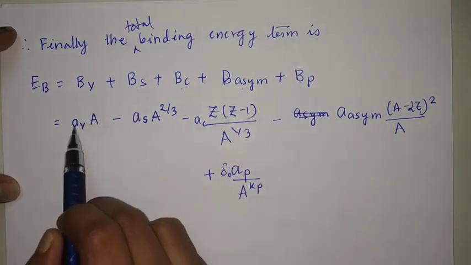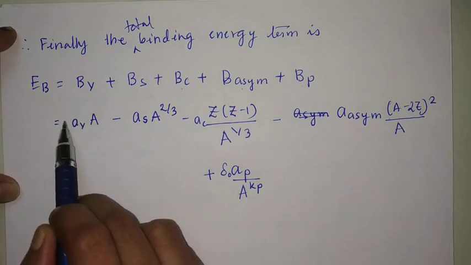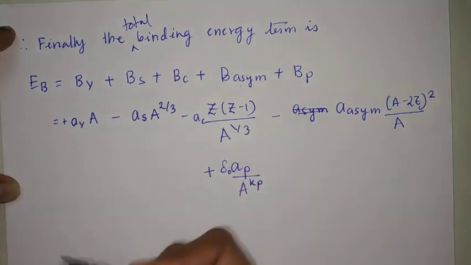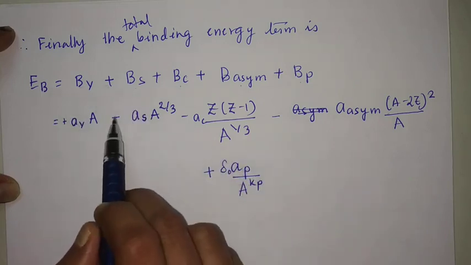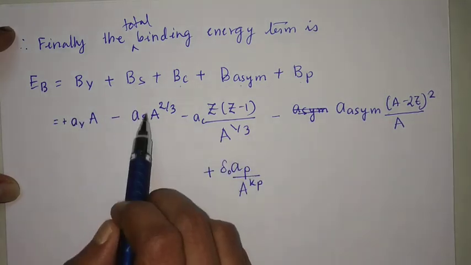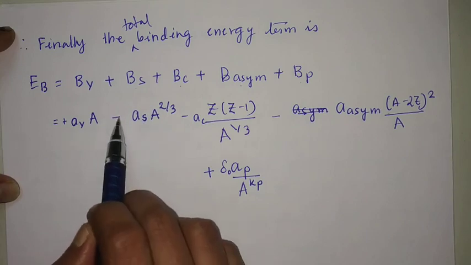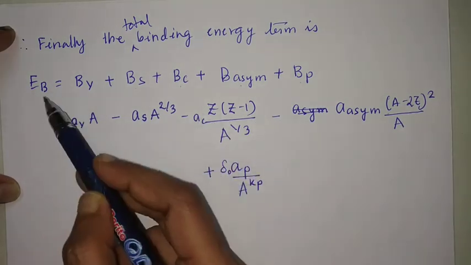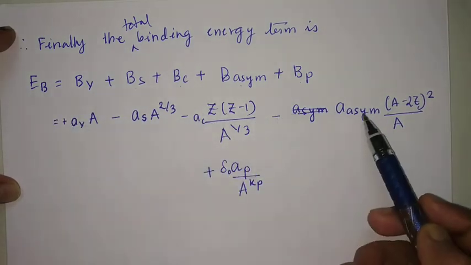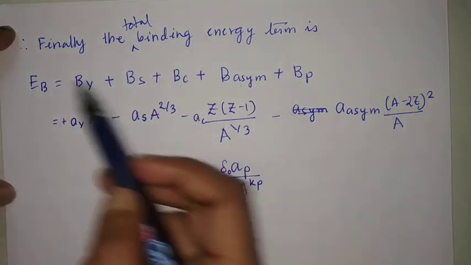So EB is AV into A. You see it is positive, so it is increasing the binding energy, and the other terms are minus, like this. The surface energy term has a negative sign, meaning it decreases. The Coulomb energy term also has a negative sign, it decreases binding energy. The asymmetry in the nucleus decreases the binding energy.